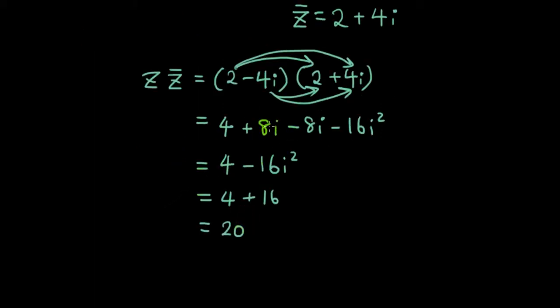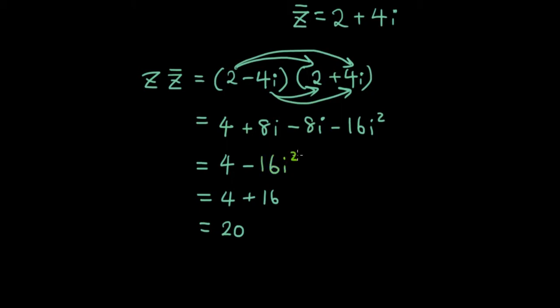So you can see here that I have expanded the brackets using binomial expansion, and I've written out all the terms one by one, and the plus 8i minus 8i in the middle cancel each other out to 0.